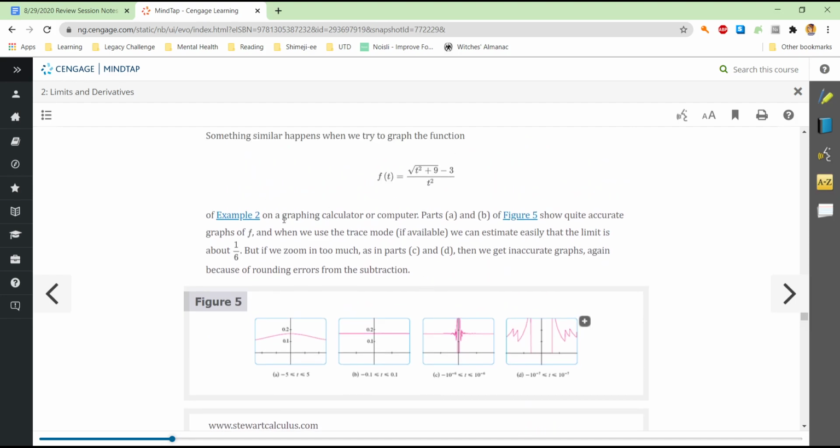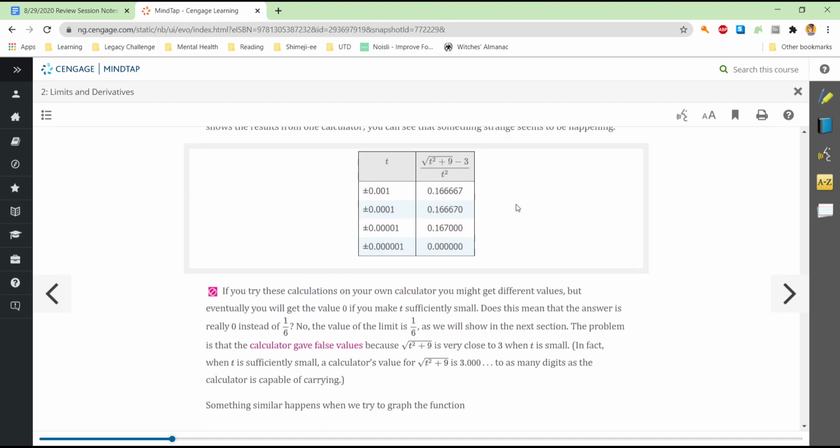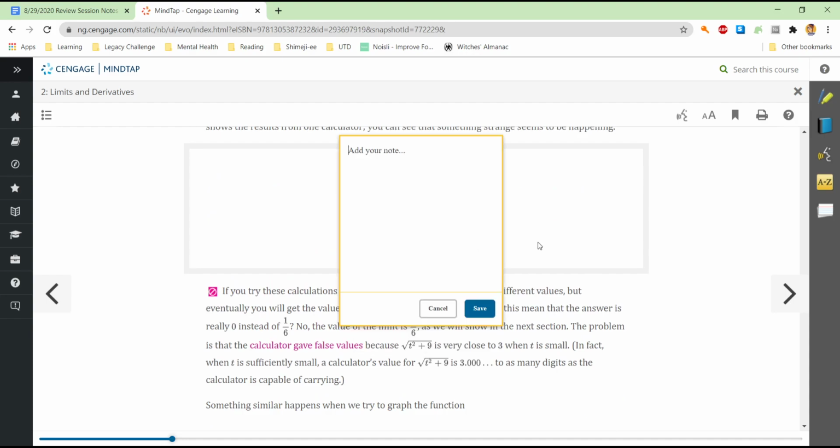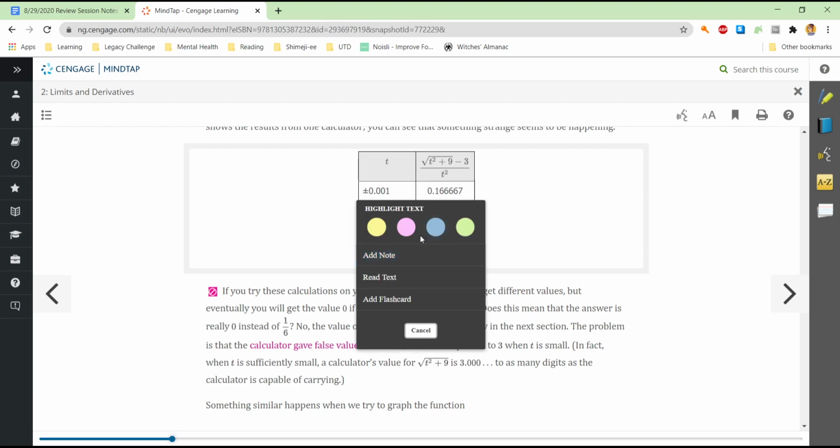There are a couple of cases where you might try and do calculations on a graphing calculator or on your own calculator to get really, really tiny values. But eventually, the smaller you get, the closer it's going to get to just giving you a 0.